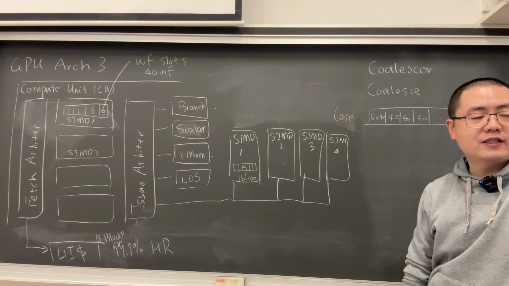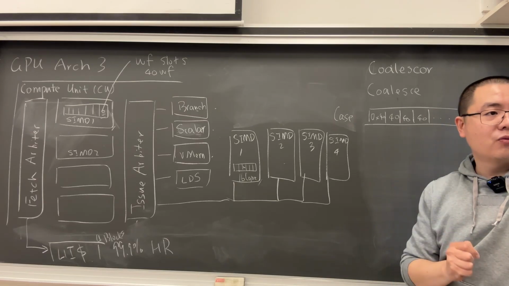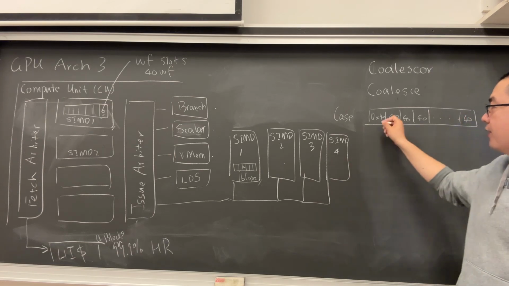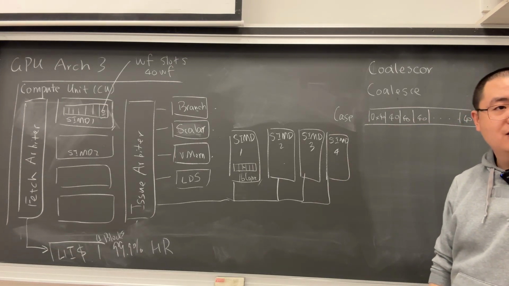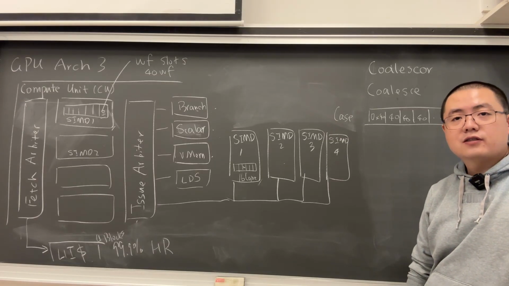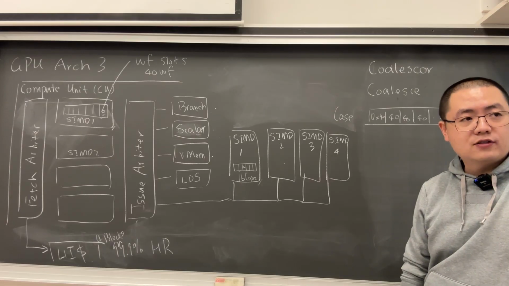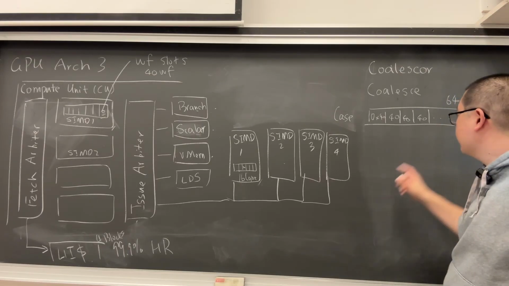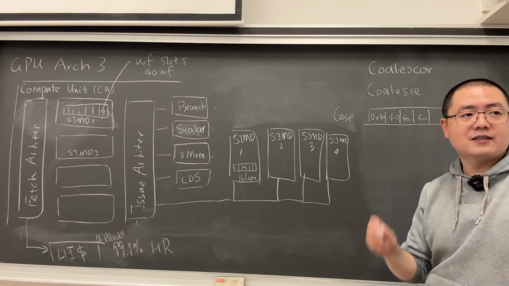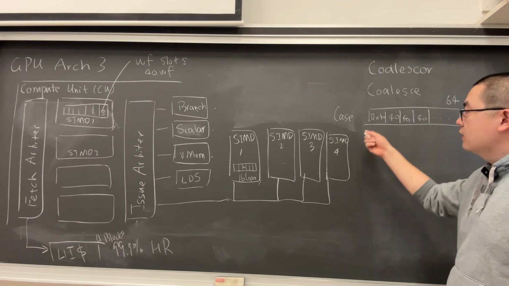How many memory transactions do we need to generate? We only need to generate one, right? All the threads are loading the same address, so we only need to generate one transaction. Going from 64 operations down to one transaction is the perfect coalescing. It's the best coalescing we can expect, right? So the fewer transactions, the better.